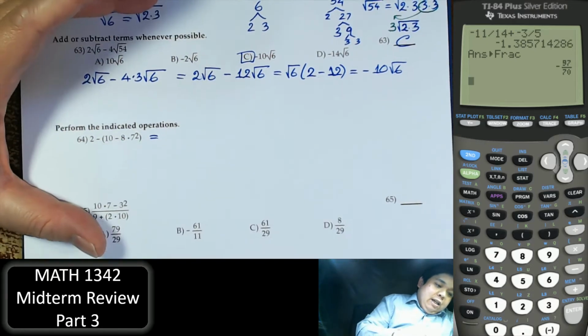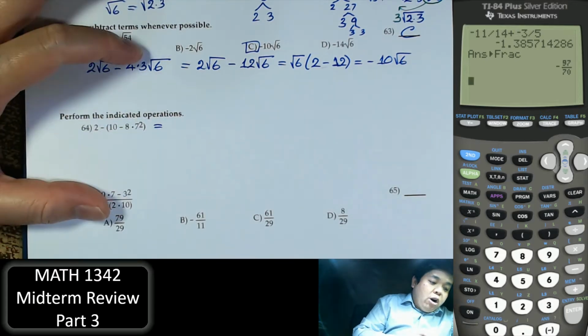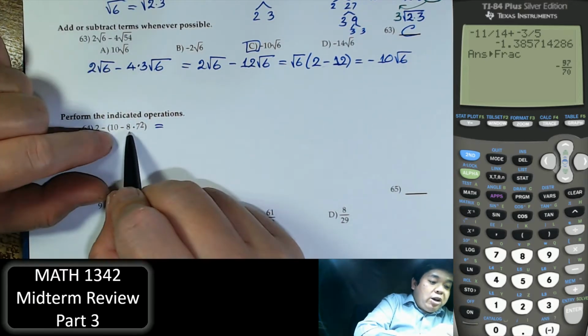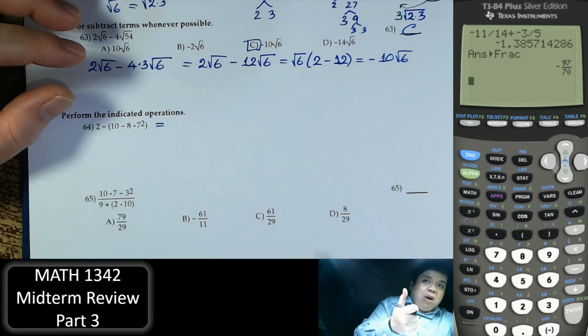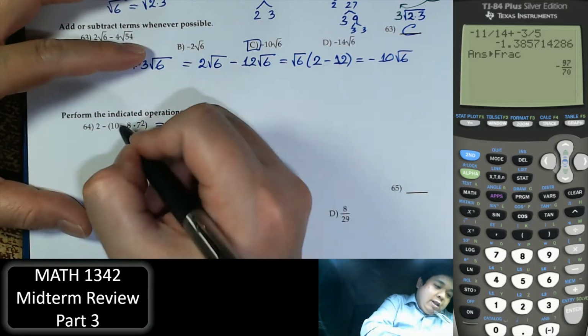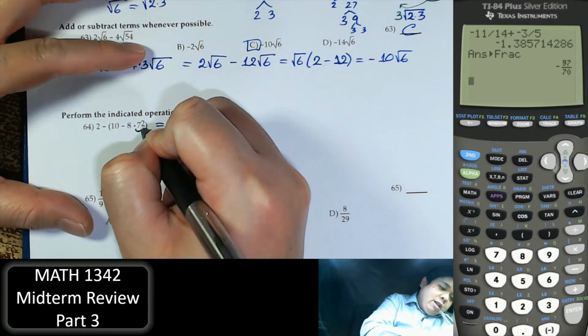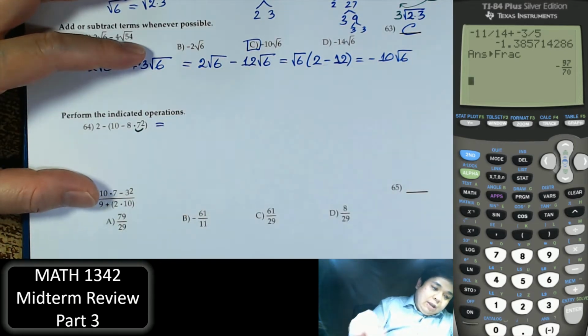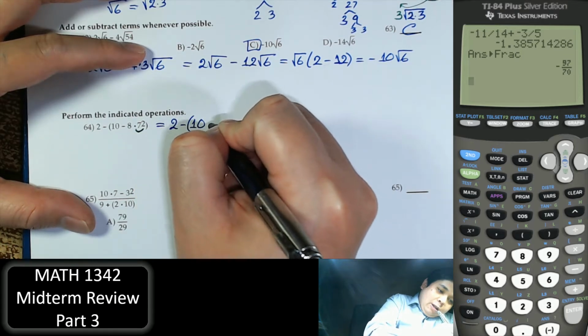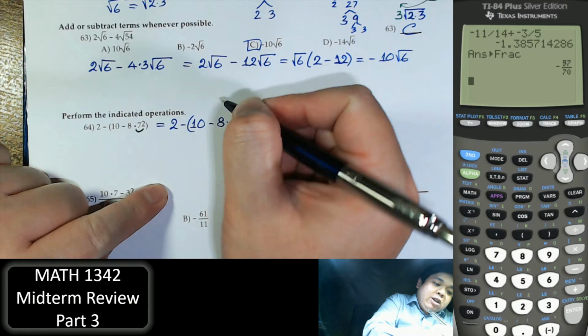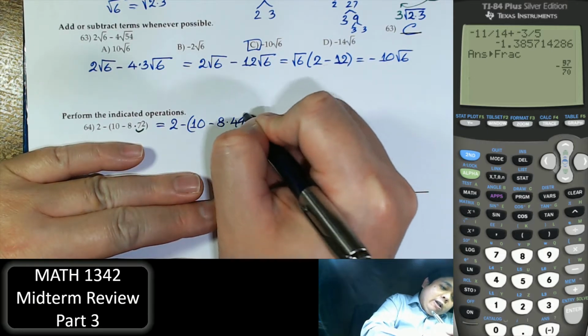Next, that. So order of operations. Inside the parentheses first, and then powers and roots. So we're going to do this first. 7 squared is 49.